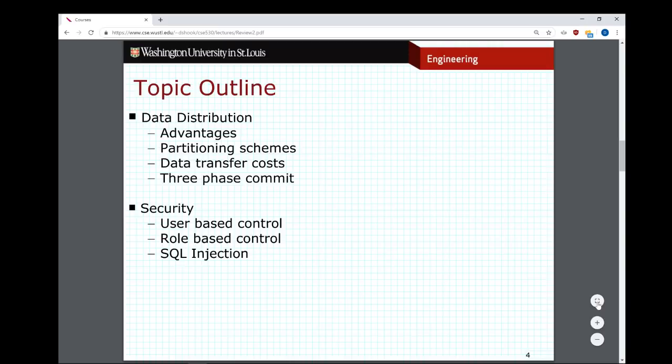I'm going to take other rows of the same table and send them over here. And the other form would be vertical partitioning, which tells us to chunk our data up by columns. So I'll send some columns over here for a table and other columns over here. If I use vertical partitioning, how do I join those partitions back together when I need to?